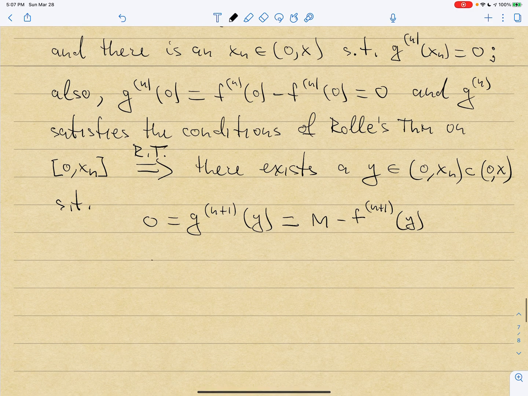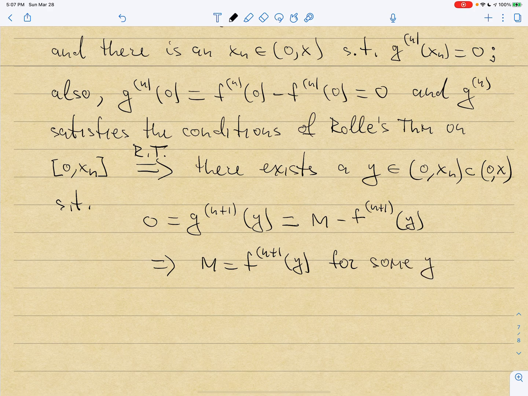And so therefore m is equal to f^(n+1)(y) for some y between 0 and x. So it's just n plus 1 applications of Rolle's theorem that give us this.